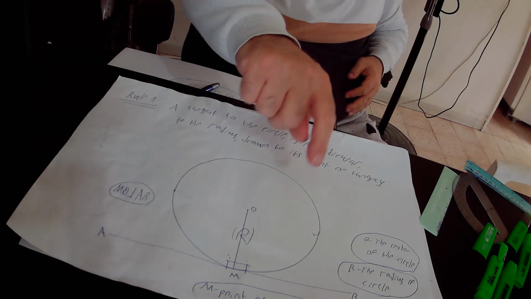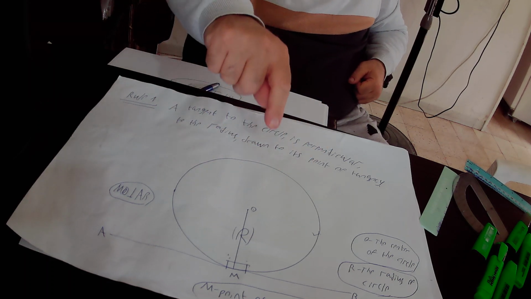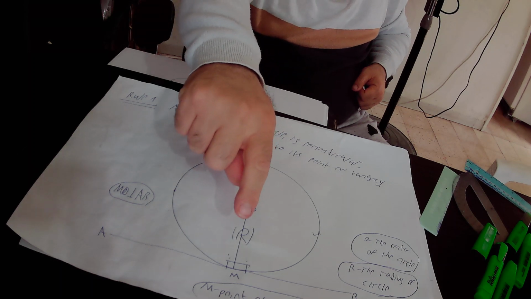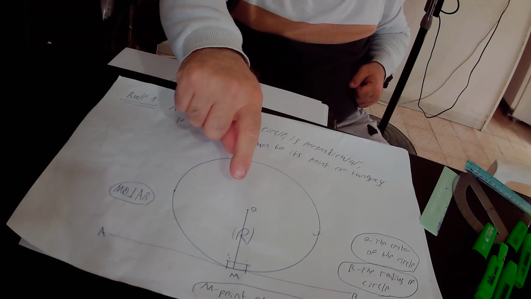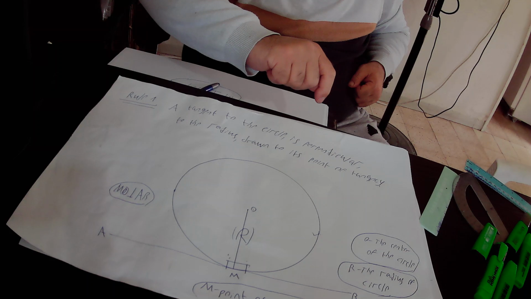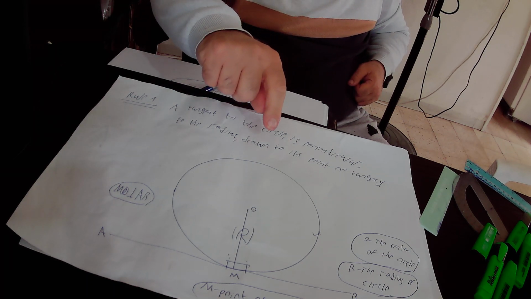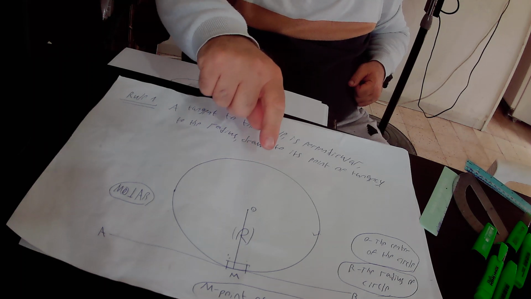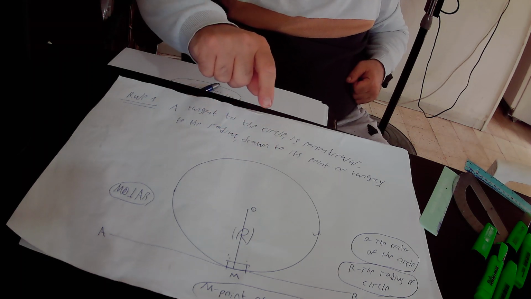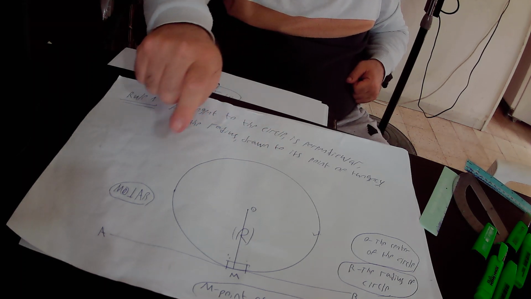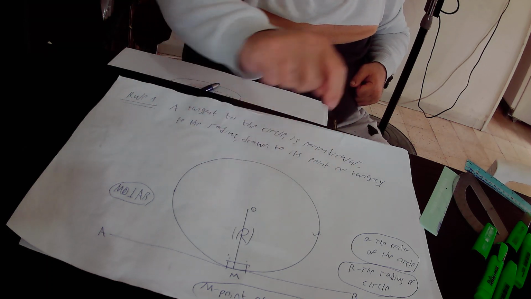In the drawing we have a circle. This line segment OM is the radius of this circle, which equals R. And the radius R, that is OM, is drawn to point M, the point of tangency of line segment AB with this circle.